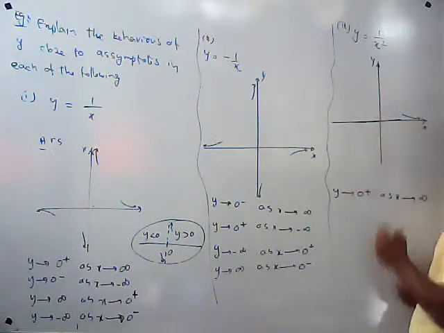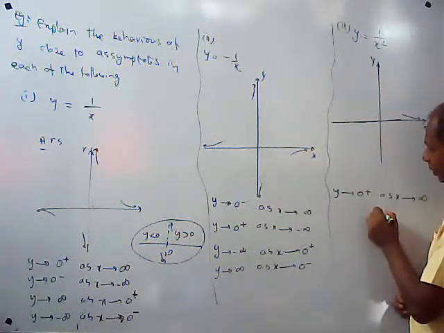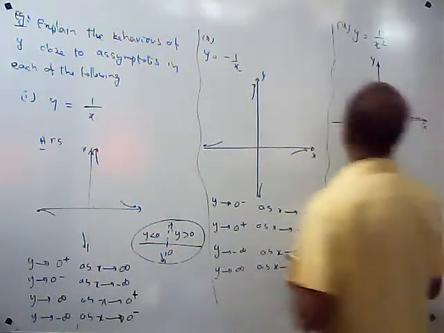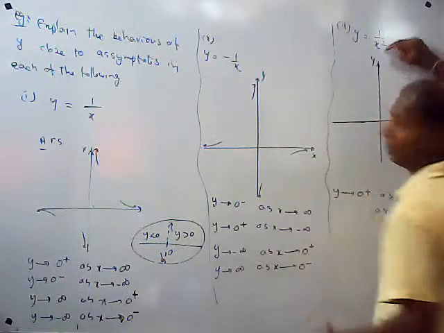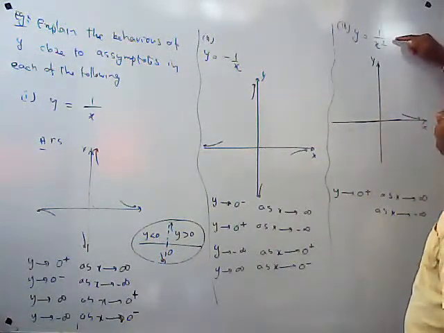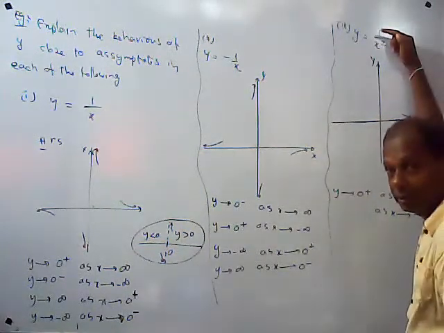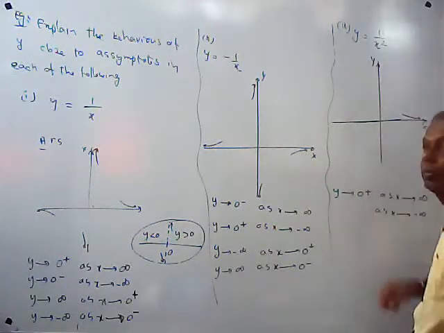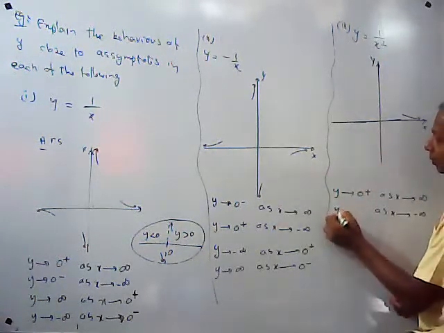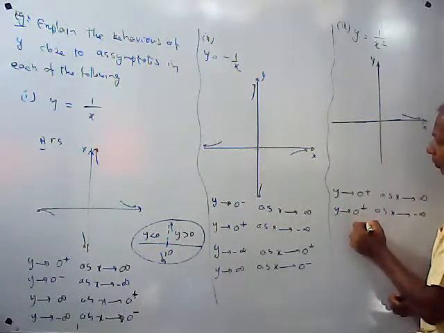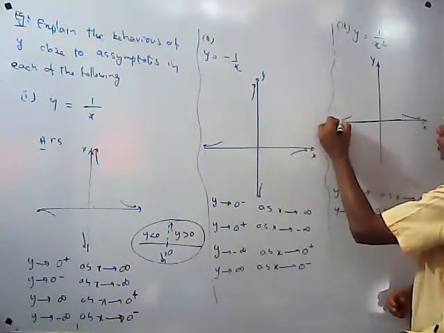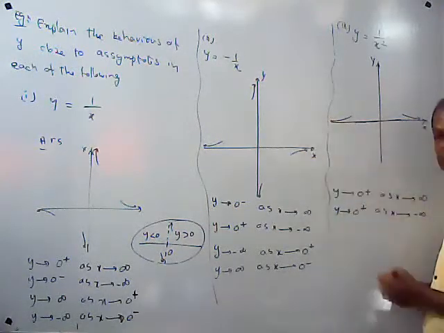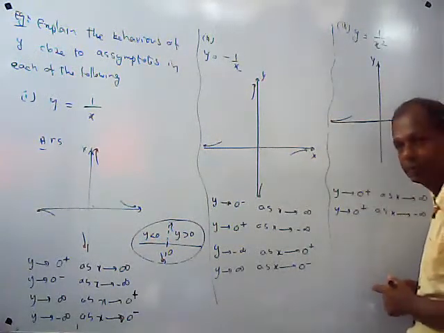Then as x goes to negative infinity, x square is positive, so 1 over x square will go to 0 again from the positive side. It's never negative. It goes to 0 plus. So again, the x-axis is a horizontal asymptote.